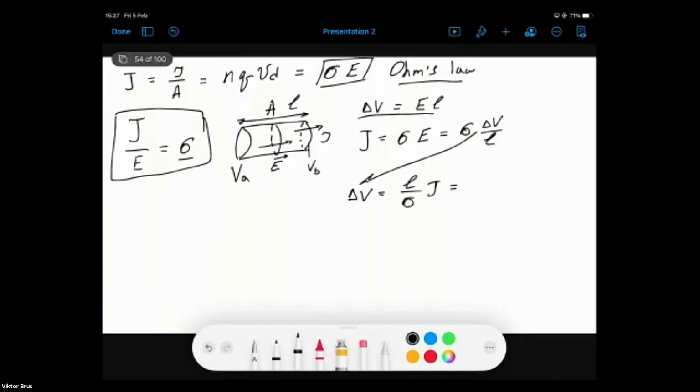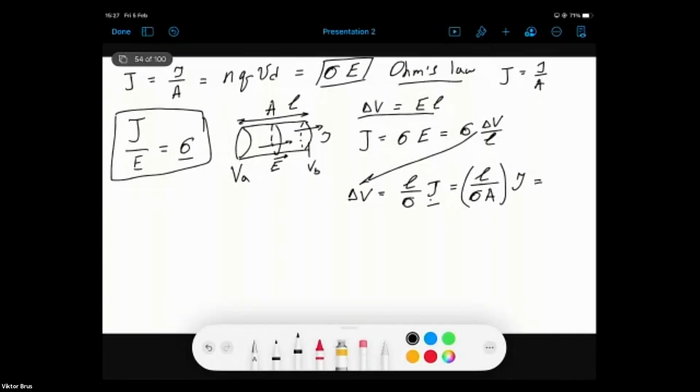And this can be represented also in the form of electric current. So here we operate with electric current density, but we know that electric current density is equal to current divided by area. So we can substitute now, instead of electric current density, the electric current. This will be L divided by sigma times A, times electric current.